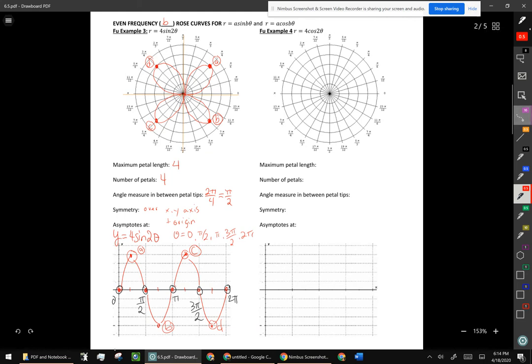And so if you take a look, it curves like this. So this part is drawn this part. This part is now this part. This part is this part. And then this part is this part. And that's a polar rose curve.